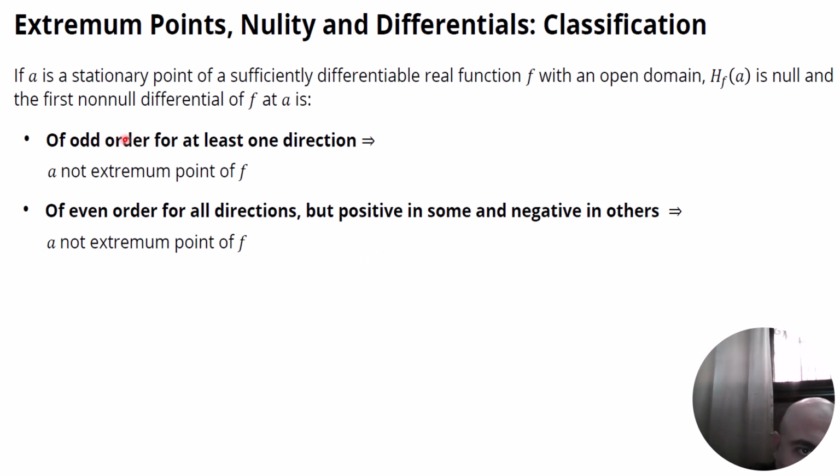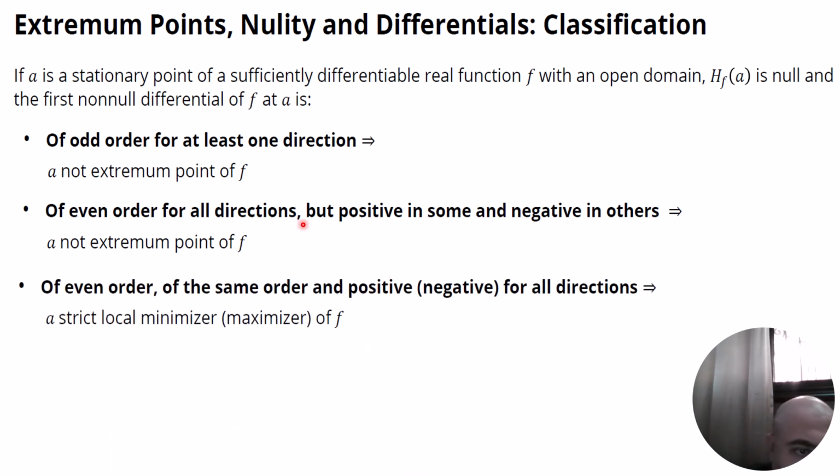This is when the order of the first non-null derivative is odd or even. Now if the first non-null is even, of the same order and positive for all directions, we will have a strict minimizer.